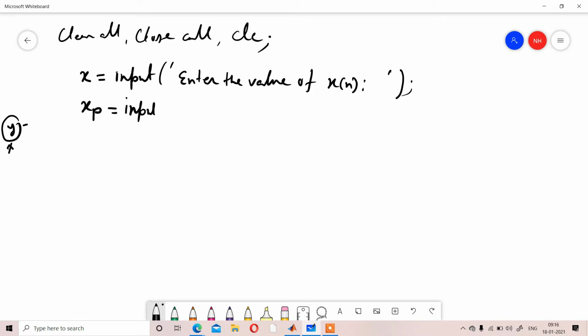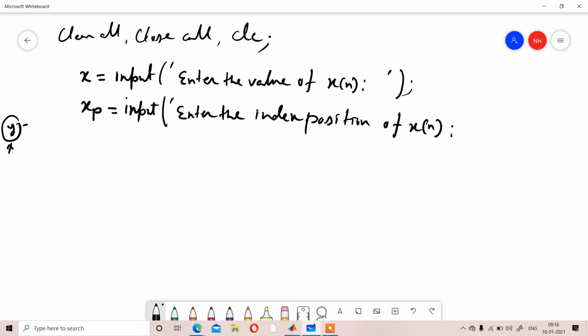So input, enter the index position of xn. That is called the index, and it will ask for the index position.